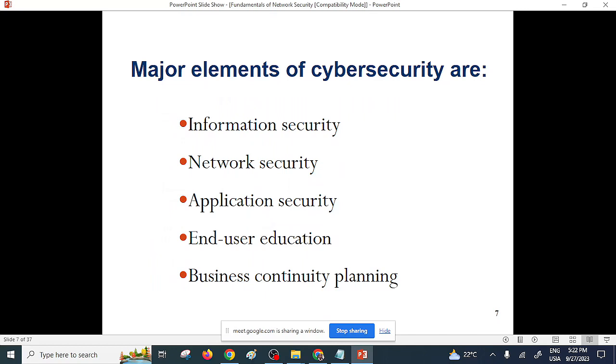You also need to know how to apply security within the different applications being used. You need to know how to perform good training for the users. And in case of any attack, you should be in a position to perform recovery procedures, what we refer to as business continuity planning.